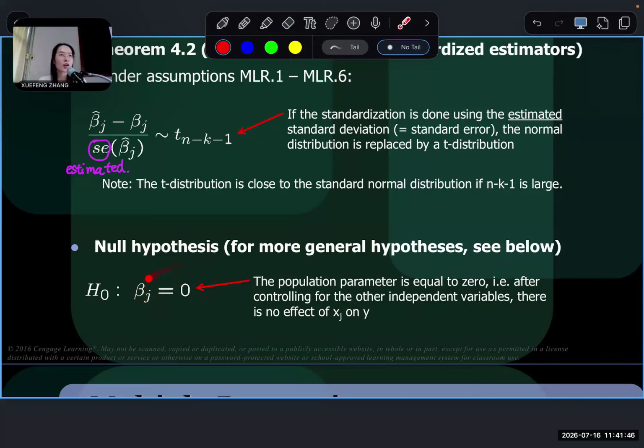If beta j equals 0, which means xj doesn't affect y. This is the hypothesis we test most often. Does this variable actually matter once we control for everything else? If beta j equals 0, that means H0, our null hypothesis, is true, right?